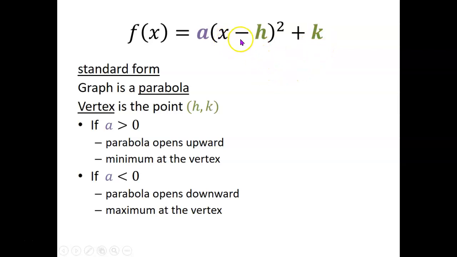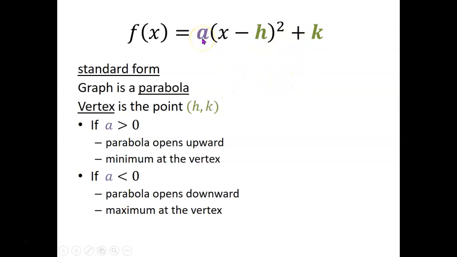Now, if it really is x minus a number and then plus a number on the end, those would both be positive. But if it says x plus a number, you can think of that as minus a negative. And if it says minus a number here, you can think of k as negative. So the vertex has coordinates h and k, each of which could be a positive number or a negative number.